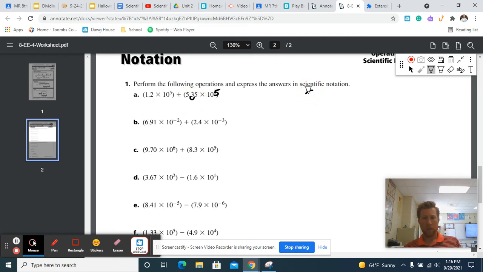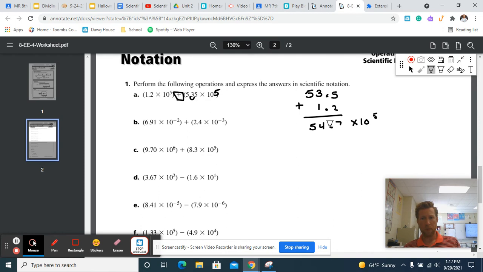So then ideally it becomes 53.5 plus, no, I'm adding because of that plus sign, 1.2. 5 plus 2 is 7. 3 plus 1 is 4. Carry my decimal down, and now we've got 5. Okay, times 10 to the fifth power.